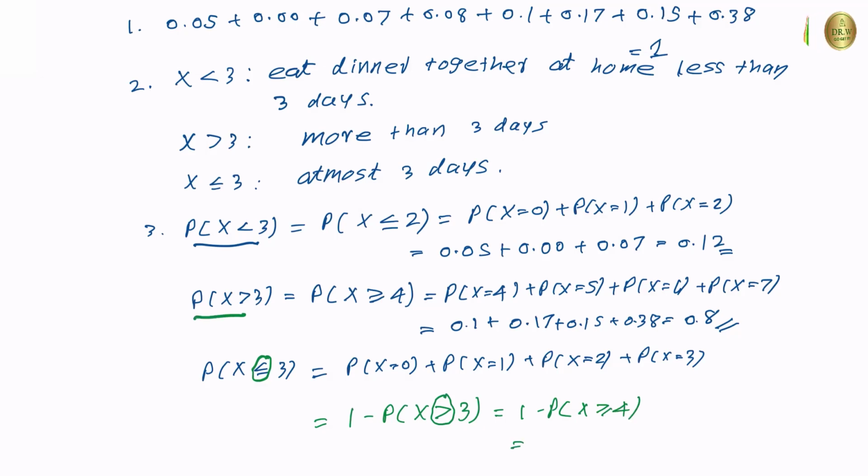We know this probability from the part we discussed above, which is 0.8. So 1 minus 0.8 is 0.2. That is the probability x less than or equal to 3.